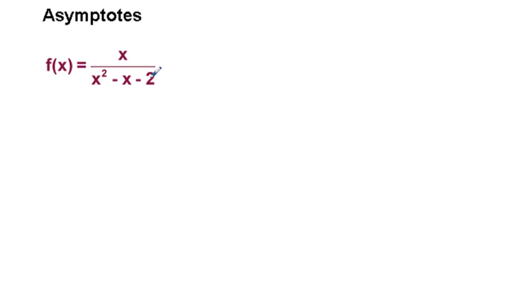And here we have a function f(x) equals x over x squared minus x minus 2, and we can rewrite this, by factoring the denominator, x squared minus x minus 2 factors into quantity x minus 2 times quantity x plus 1.